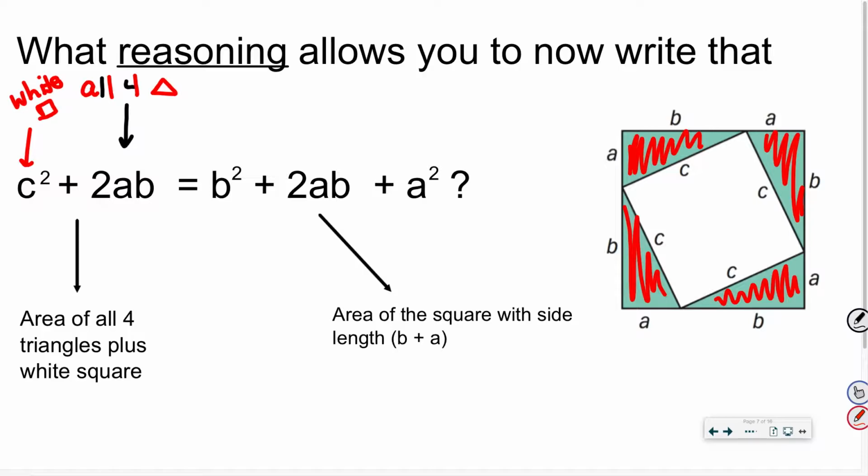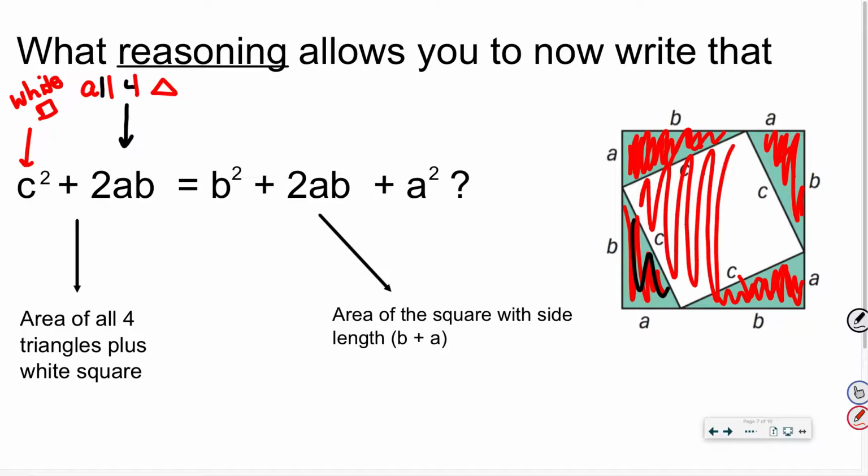Is it fair to say that the area of all this green and then this white is the area of this whole thing? Yes. Why? Because it makes up the whole thing, right? The only thing that makes up this entire big square are those four green triangles and the white. So we're saying that these have to be equal.